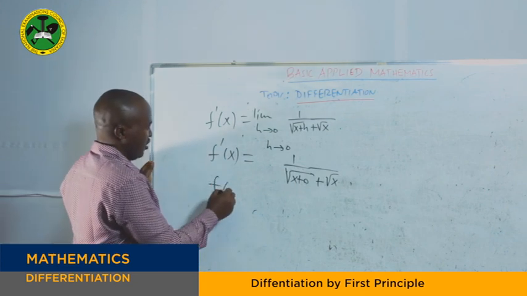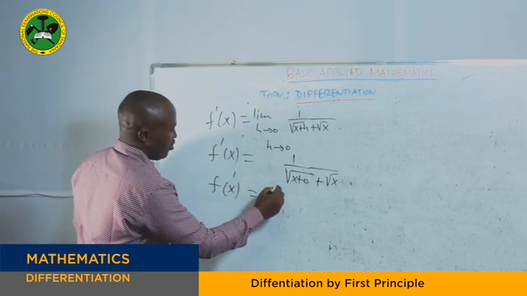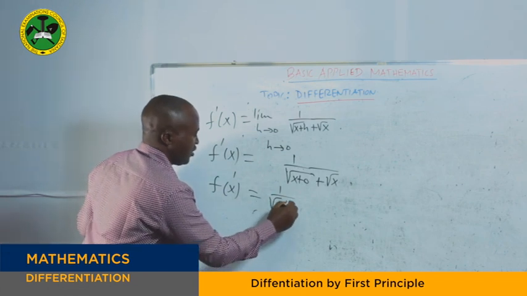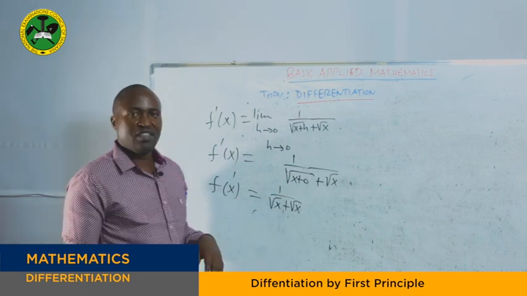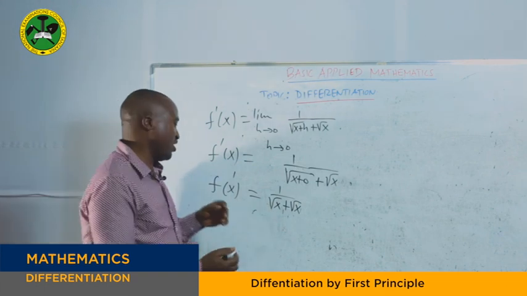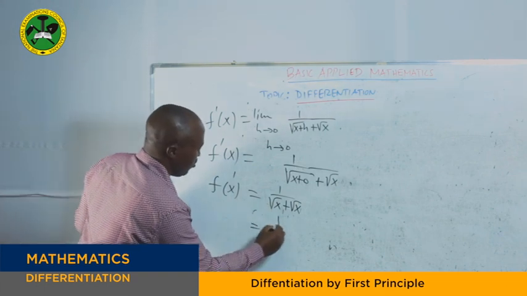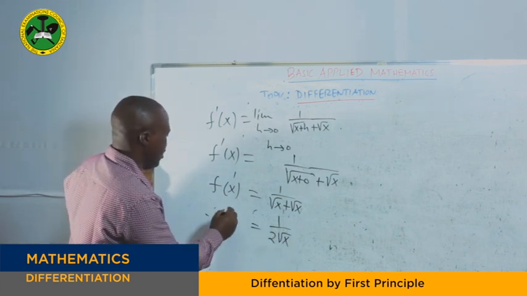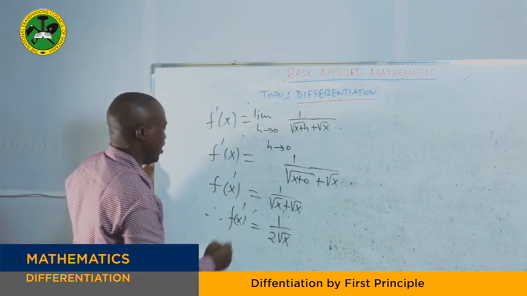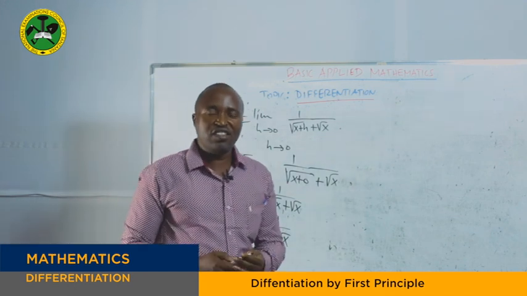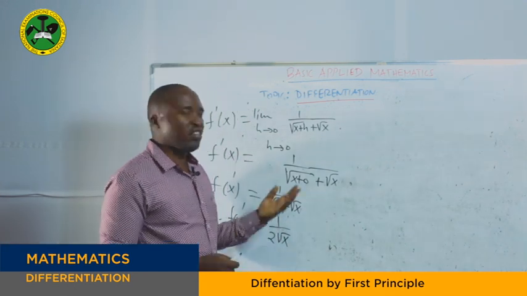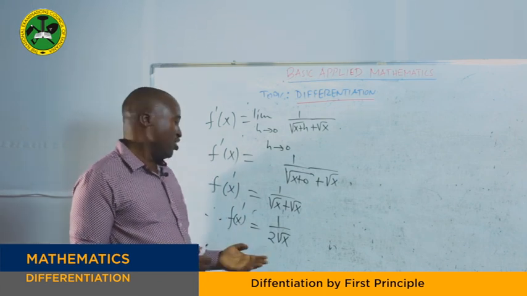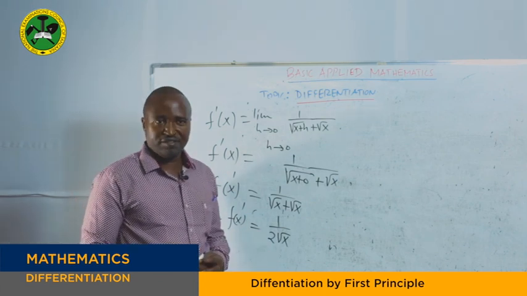So f of x dash will be equal to 1 over radical x plus radical x. Now radical x plus radical x will be equal to 2 radical x. That will be our final answer. Therefore, the derivative of radical x by using first principle is 1 over 2 radical x.